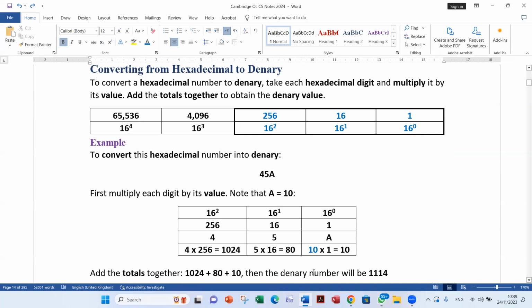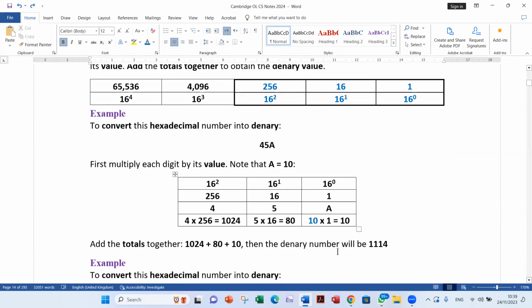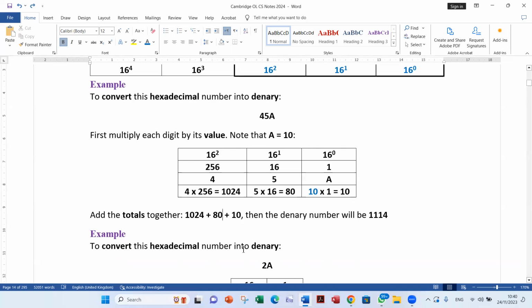However, the A is 10, and A multiplied by 1. And this multiplication gives you 1024. This multiplication results in 80. And 10 by 1 is just 10. You add them together, 1024 plus 80 plus 10. That becomes 1114. Okay?